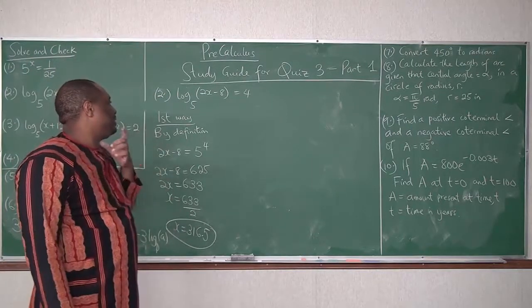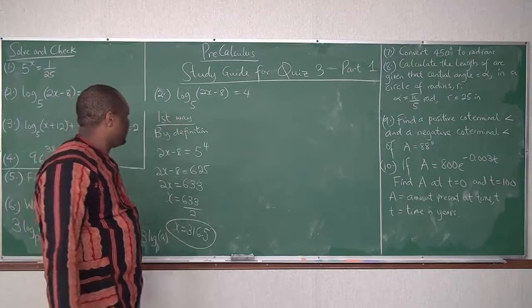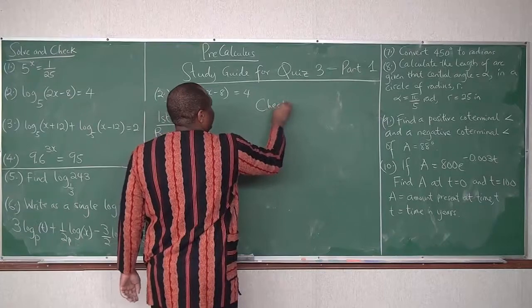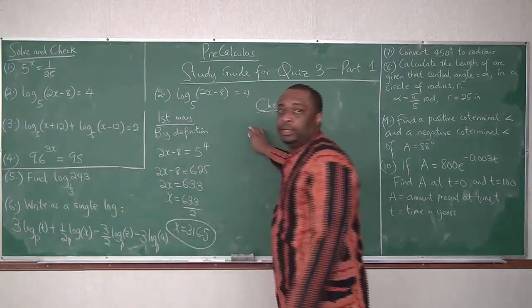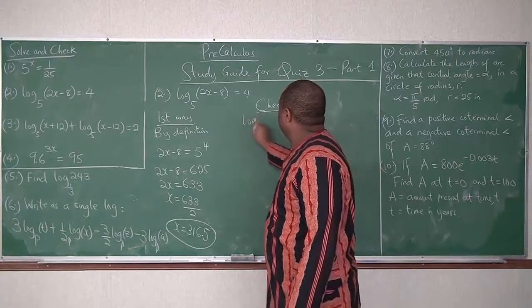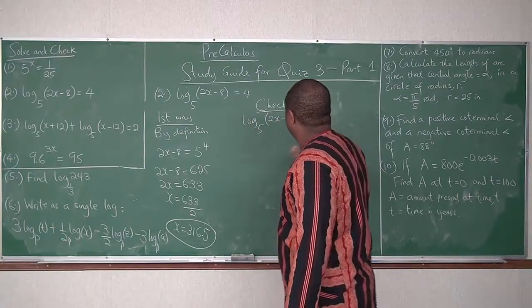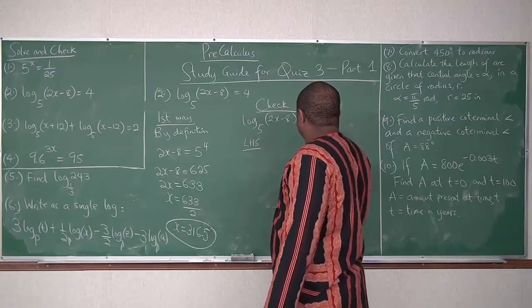And you know, you can always check it. How do you check this problem now? You write the equation: log base 5 of 2x minus 8 is equal to 4. Left hand side, right hand side.